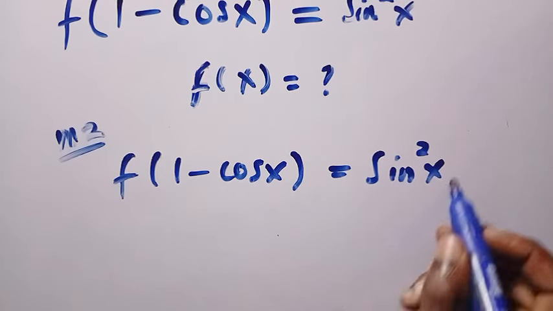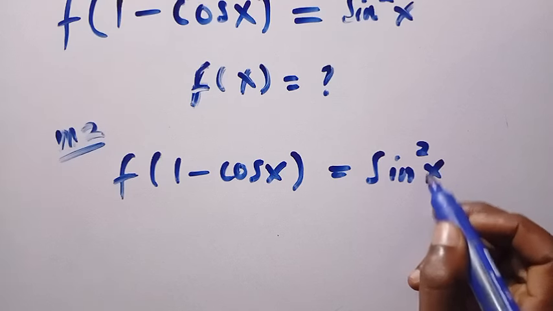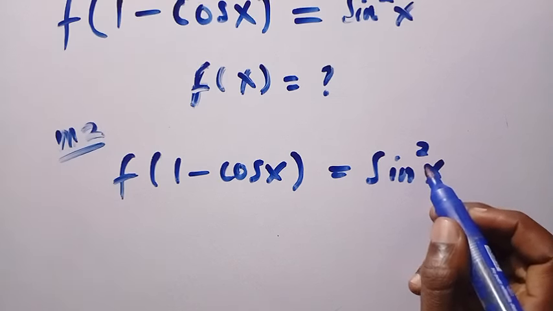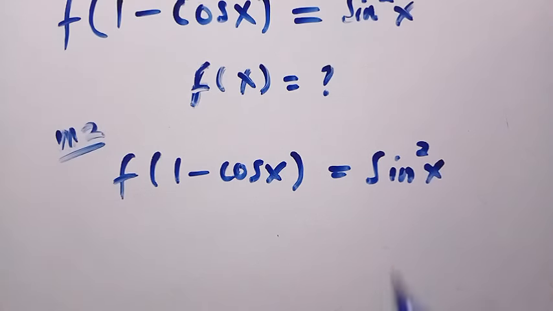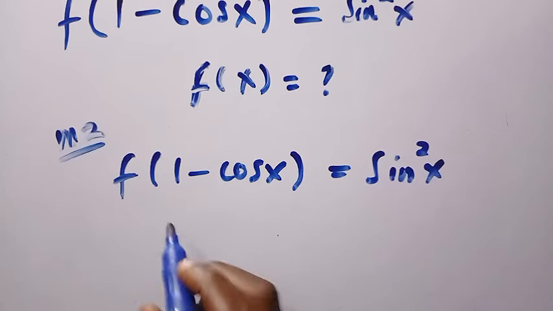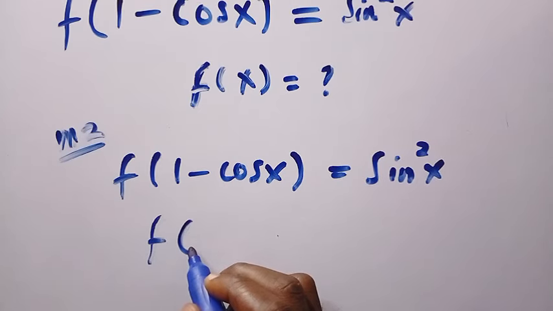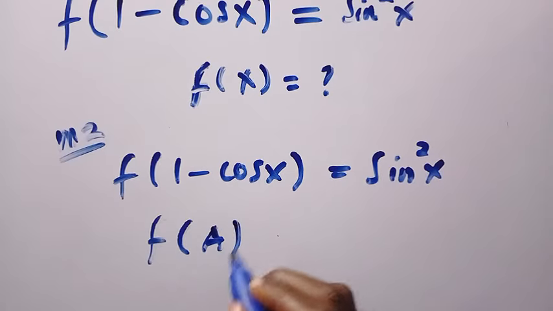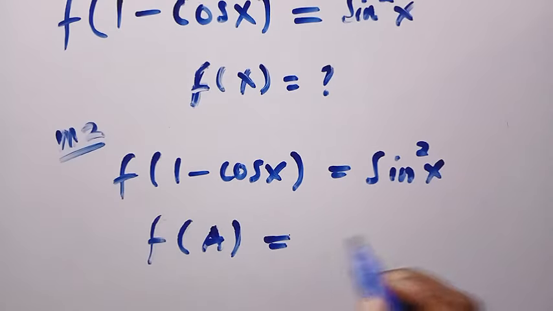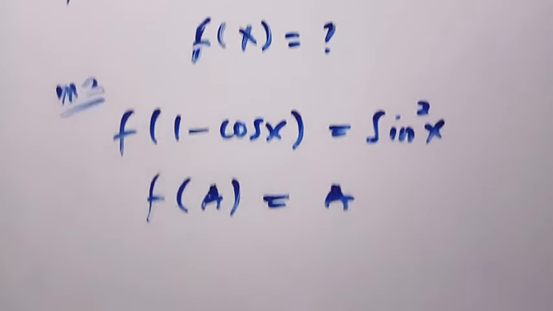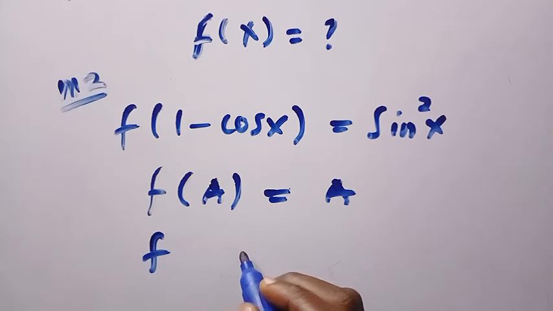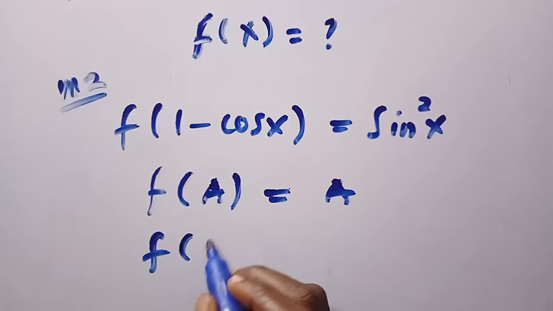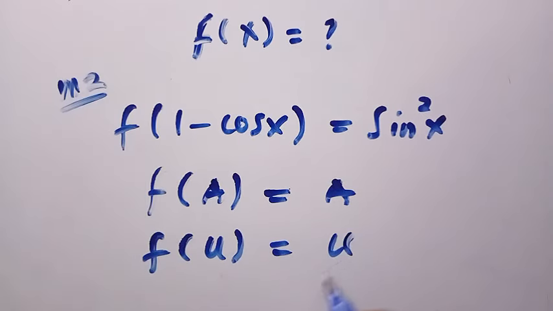I want to express the whole of this right-hand side, sine squared x, in terms of 1 minus cos x. What I'm trying to say is, suppose we have f of a here, I will also have a here as well, so that if this one changes to u, this one also changes to u.